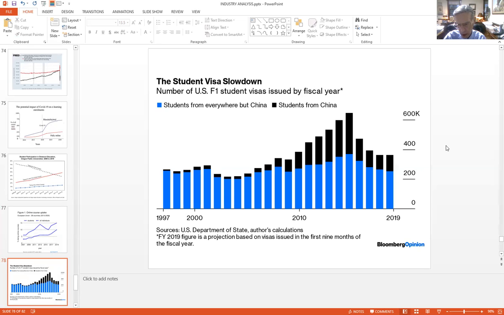So you can see the black part of these bars was pretty high, and then it shrunk sharply. But we can see that the blue bars also have come down, and that's everywhere but China. Now, a number of these folks are from India, and I think there's an exhibit where we'll see that. But to the extent that we've got this drop, this has a big impact on enrollment in American and European colleges and universities.